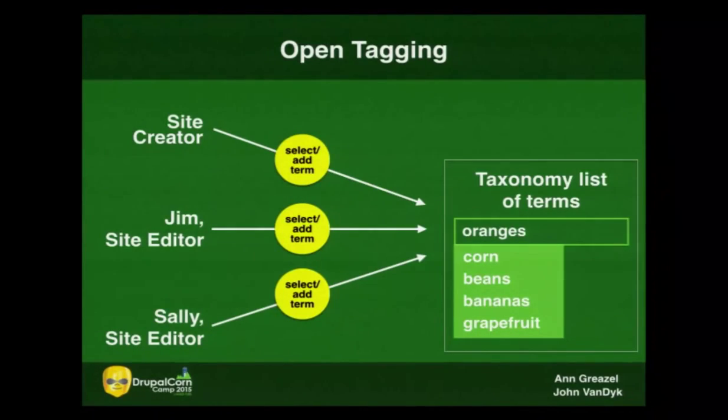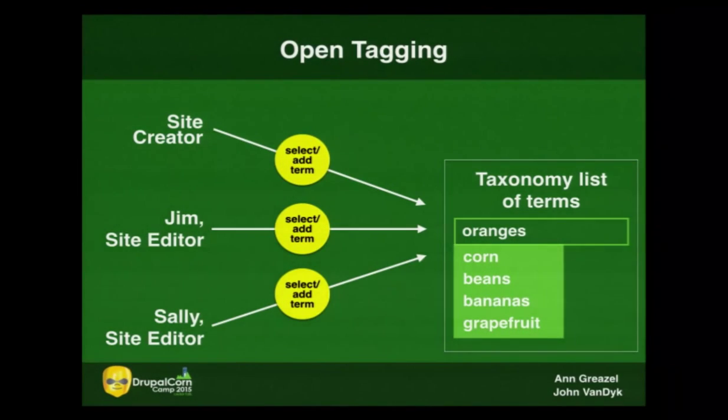And normally we'd use an autocomplete field, so if someone else has already entered that term, it's going to suggest that and autocomplete. So this would be the workflow for that. Basically, the site creator sets this up as an autocomplete field, and then your site editors can come along and add existing terms, or select existing terms, or add new terms.